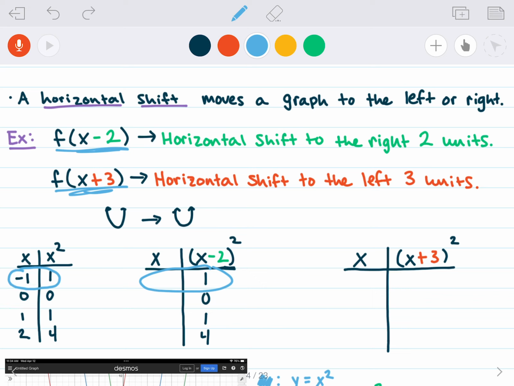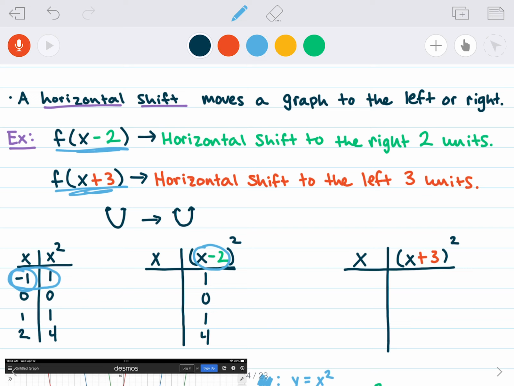Because if that's the case, then I'm going to get the same exact output of 1. And this is what I'm inputting. I'm not inputting just x. I'm inputting x minus 2. So x minus 2 had better equal -1 in order for me to get an output of 1, right?